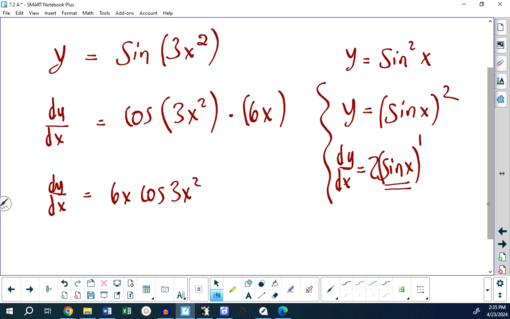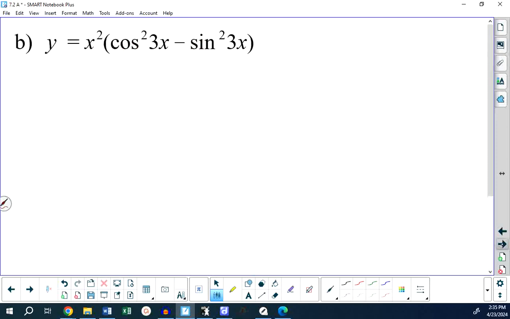Here on the right, we're going to multiply by the derivative of what we were powering. Do you get my drift, even though that's not really proper terminology? Here, we multiplied by the derivative of what we were signing. It's the argument that gets differentiated in the chain rule. So the derivative of sine squared of x is 2 sine x cos x, or sine 2x, by use of an identity.